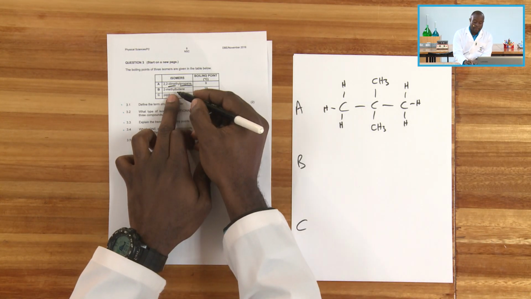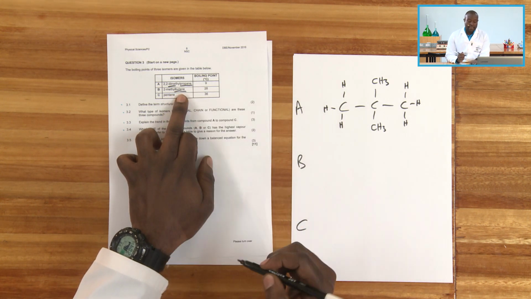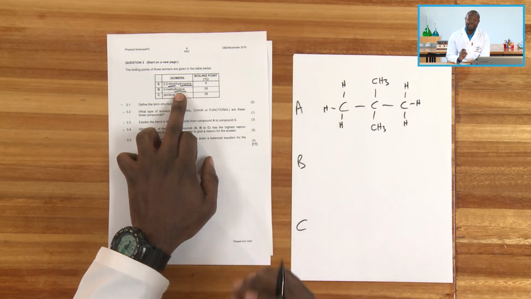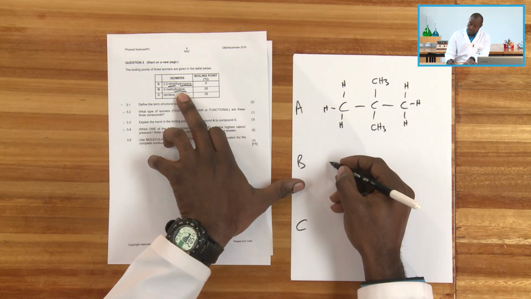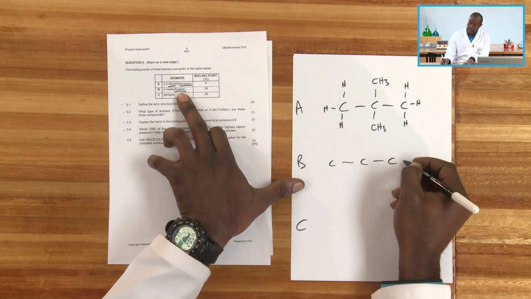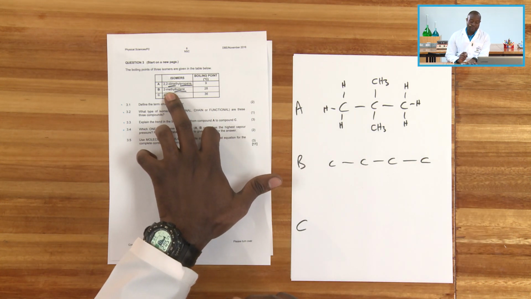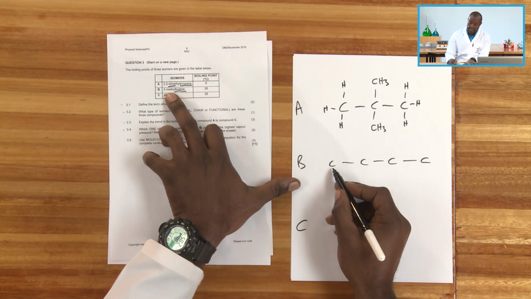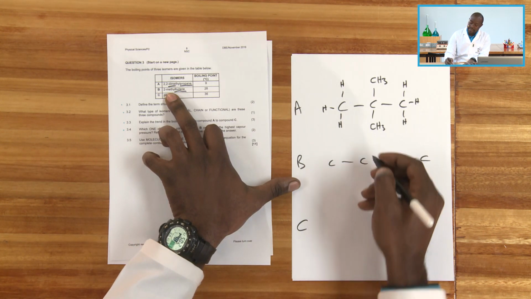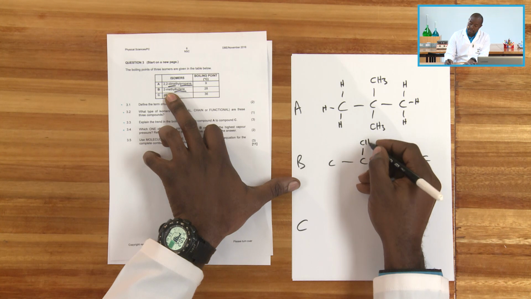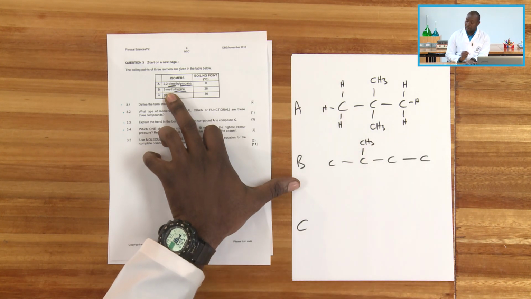The second compound, the parent chain or the longest chain is a butane, right? So it has 4 carbons. So we have 1, 2, 3, 4. And on position number 2, we have a methyl group. So I'm just going to start from the left, and position number 2, we have a methyl group.